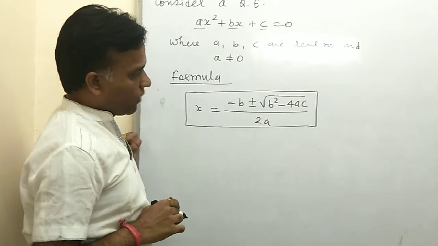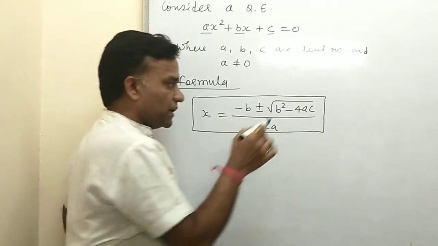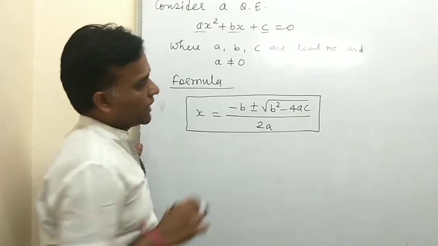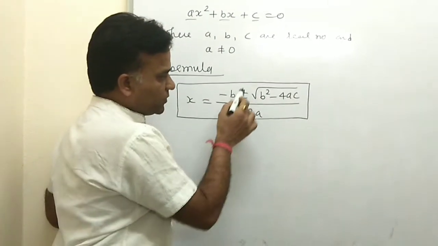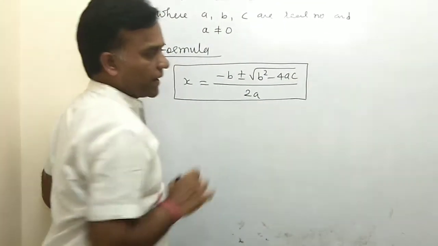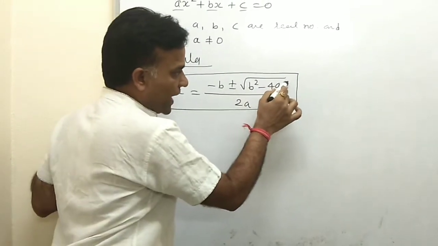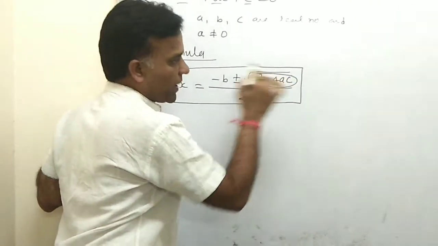One more concept we introduce here, so I again write down the formula and then we take the examples. Minus b plus minus under root b square minus 4ac. This is the root sign, and inside it is the value b square minus 4ac.